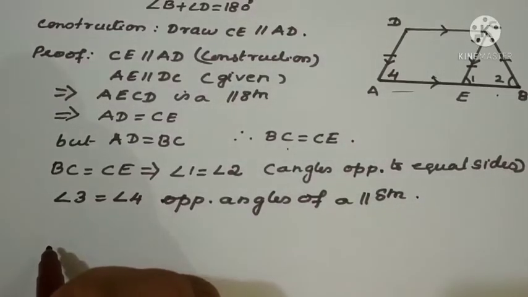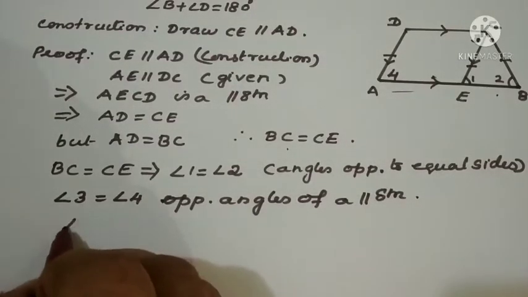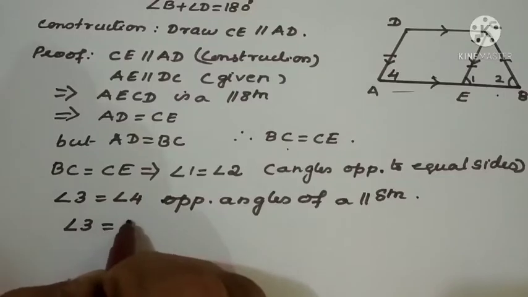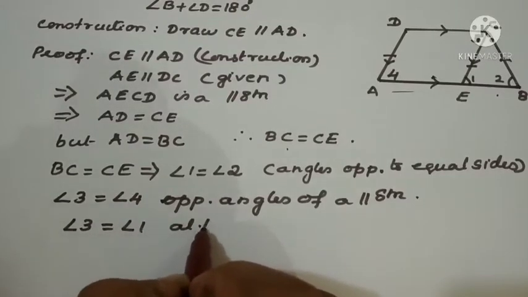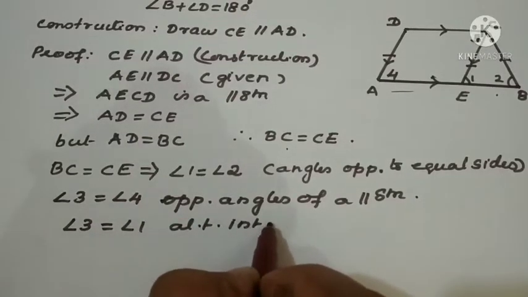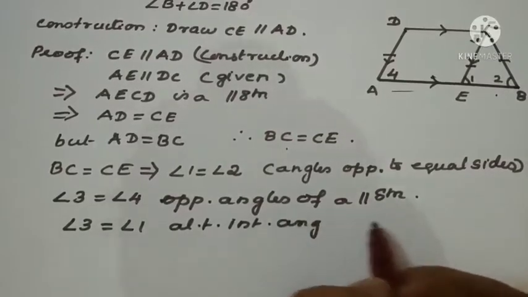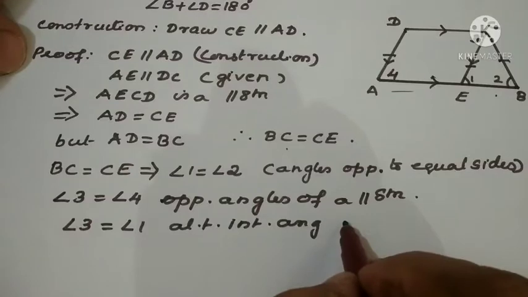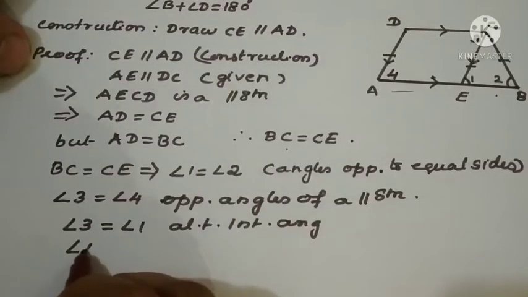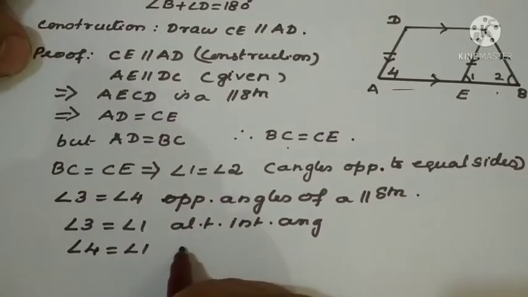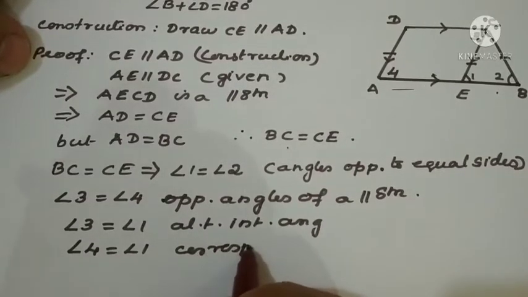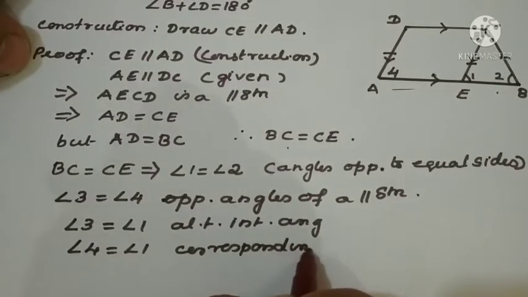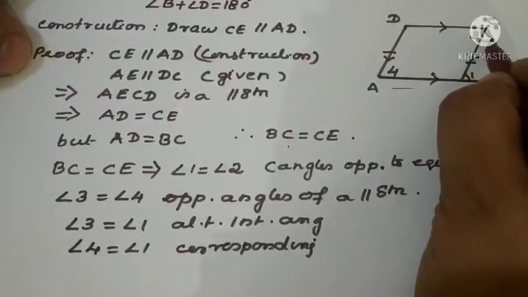Now what can you say about angle 3 and 1? Angle 3 equal to angle 1, alternate interior angles. Or we can say that angle 4 and 1 are also equal, corresponding angles. Now let me mark this angle as 5.